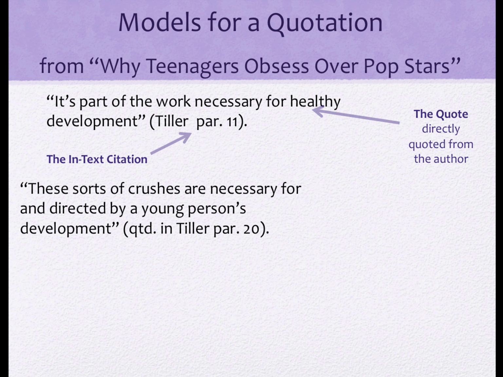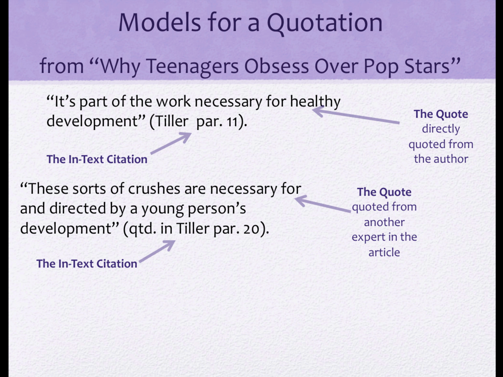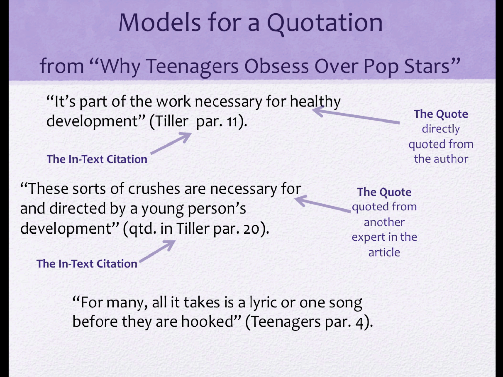This is the author quoting somebody else, quoted in, and then in paragraph 20. "For many, all it takes is a lyric or one song before they're hooked." There is the first word in the article and the paragraph number, and then the in-text citation.